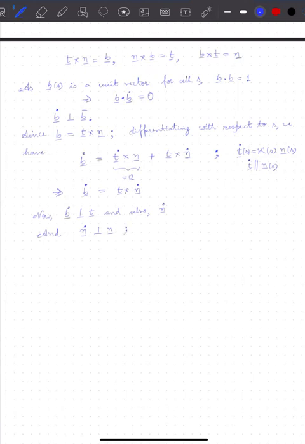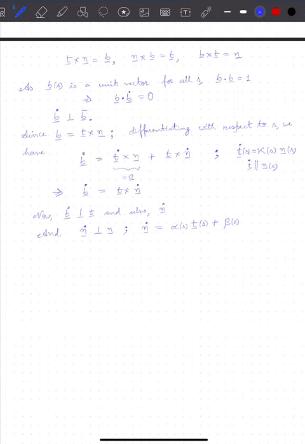So N dot can be expressed as some function, let's say alpha of s into T vector of s plus beta of s into B of s. These are some unknown functions which we will give a name later, but let's try to determine their forms first.